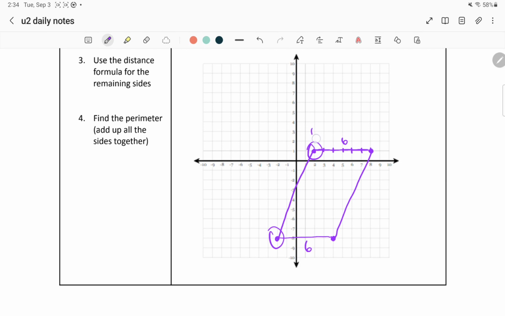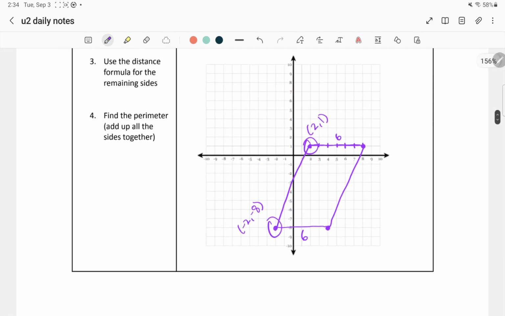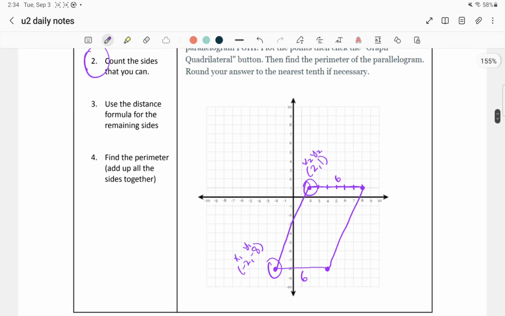Okay, so this coordinate is 2, 1. This coordinate down here is negative 2, negative 8. And I'm just going to plug those into my distance formula. You can pick which ones are x1 and y1, x2 and y2. Okay, and then we just plug it in.